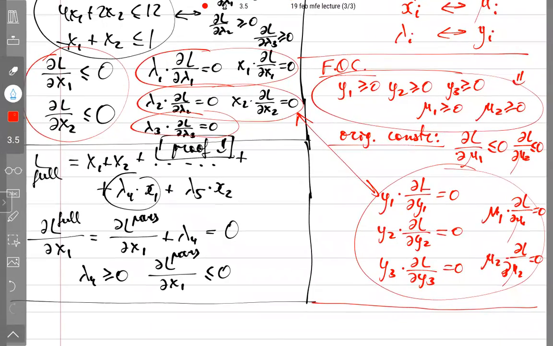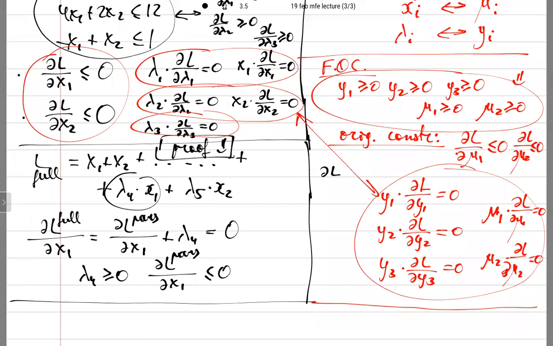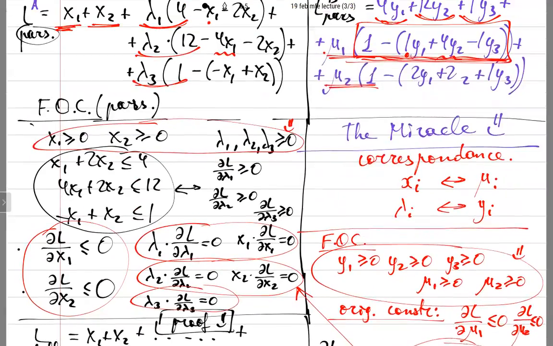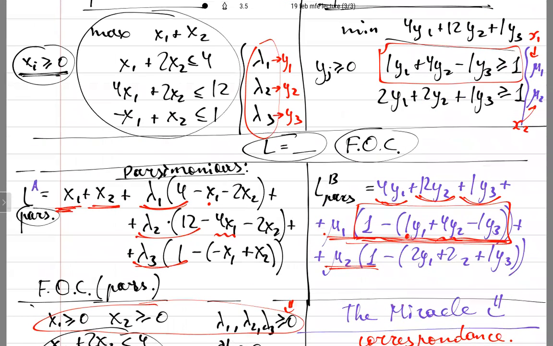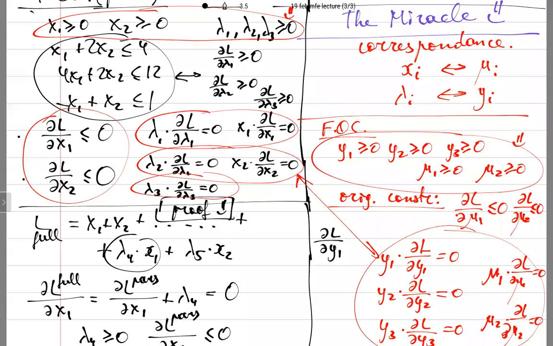And finally, we need to find dL with respect to dy1. If I'm writing a maximization problem, then the derivative should be less or equal than 0. But I have a minimization problem, so I should invert the sign once. And if I invert the sign once, I will have a constraint that this derivative is greater or equal than 0.